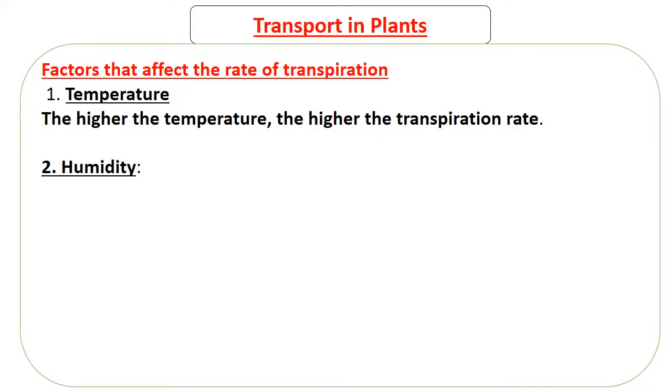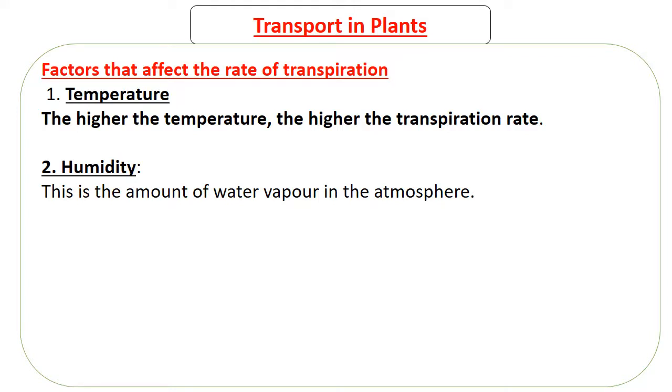Second, humidity. This is the amount of water vapor in the atmosphere. If the humidity is high, it means there's more water in the atmosphere, and this is going to upset the concentration gradient. What this means is the amount of water in the leaves might be less as compared to the amount of water in the atmosphere.